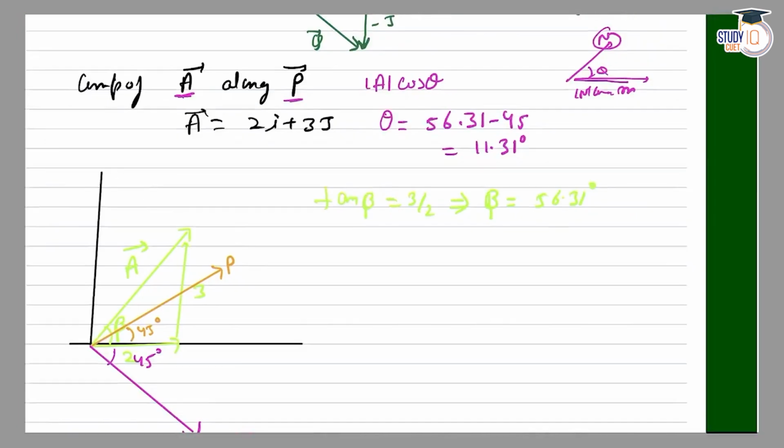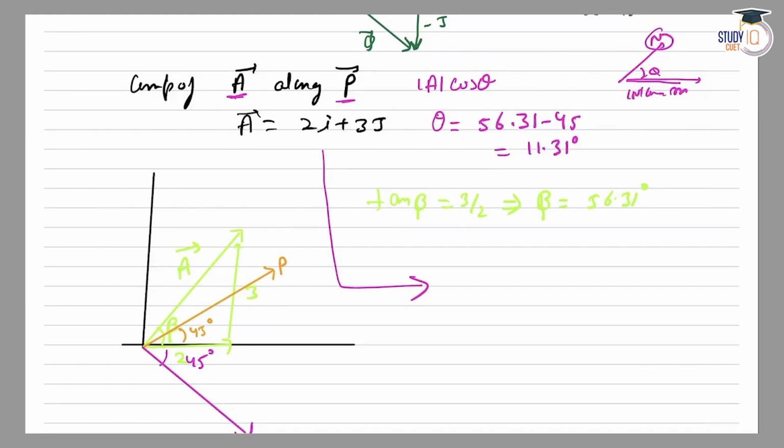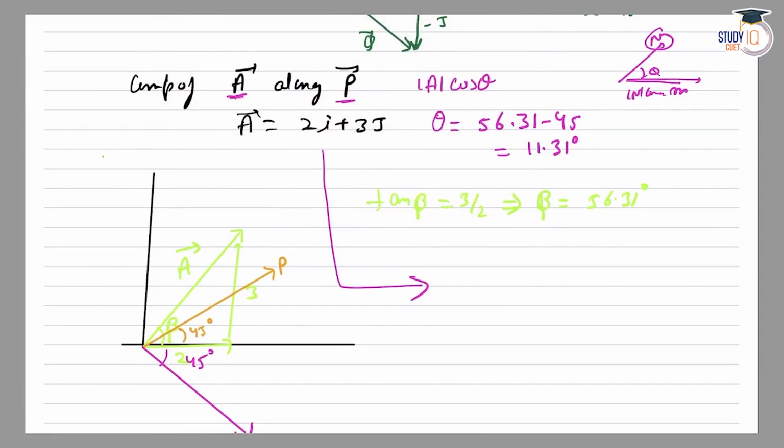So the component of a along p is mod a cos theta, and the magnitude of a can be written as under root 4 plus 9, which is equal to root 13.